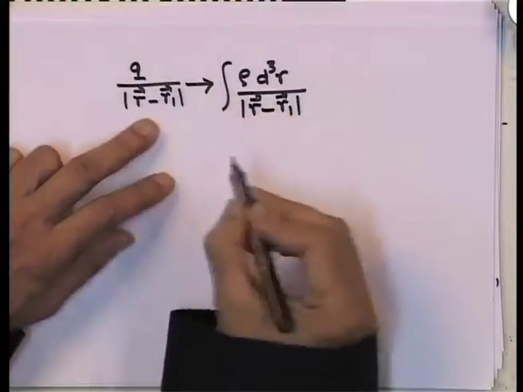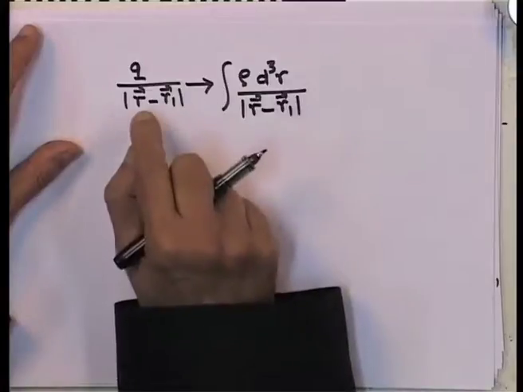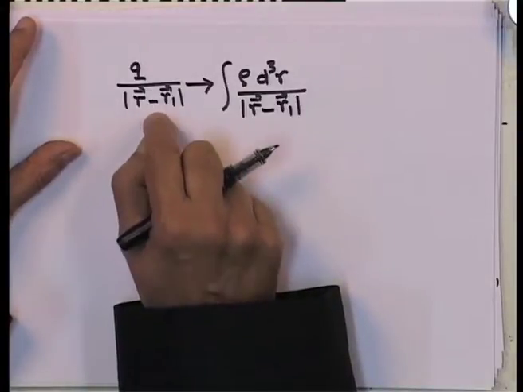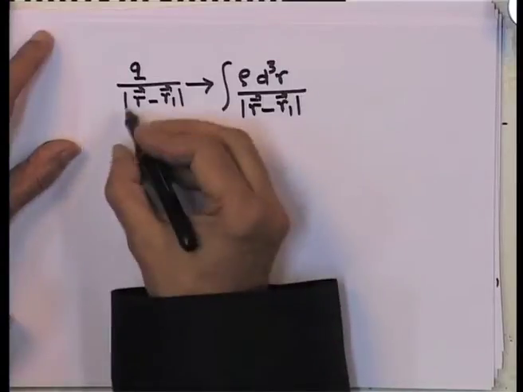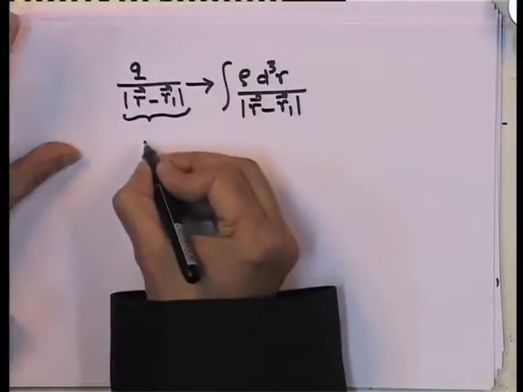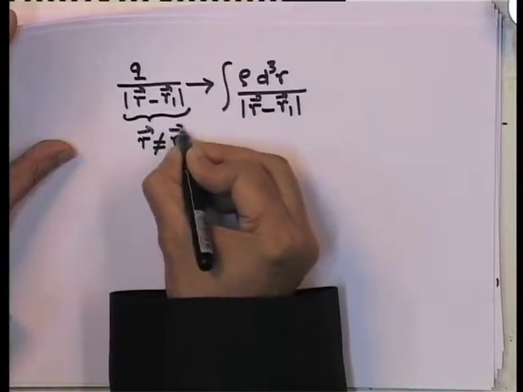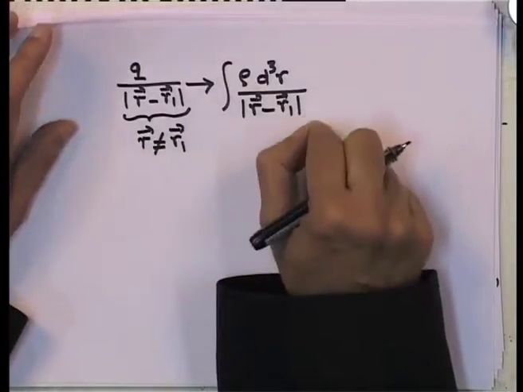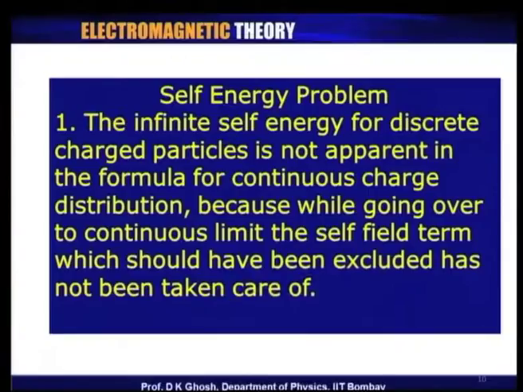Now, this prescription did not take account of the fact that in this term, the effect of a charge at its own position is to be excluded. In other words, this term had to be for r not equal to r1. This restriction was removed there. In other words, when we went to the continuous limit, the self field term, which should have been taken into account, has not been taken care of explicitly.